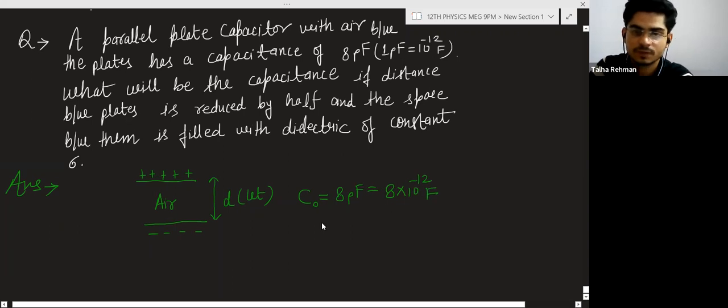The formula of C naught is epsilon naught A by d. This is given by 8 into 10 to the power minus 12 farad. This is our equation number 1.